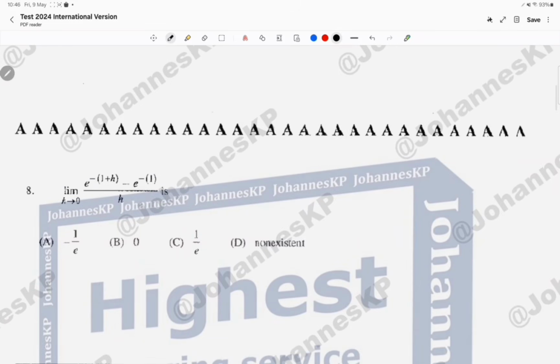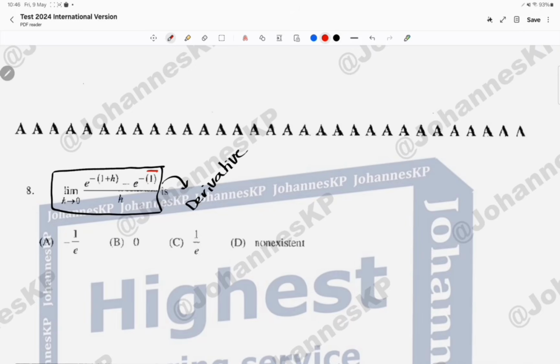Okay. Question 8. Whenever you see this guy here, they're essentially talking about a derivative. So you have to actually isolate the function before you do anything. So what is your function?